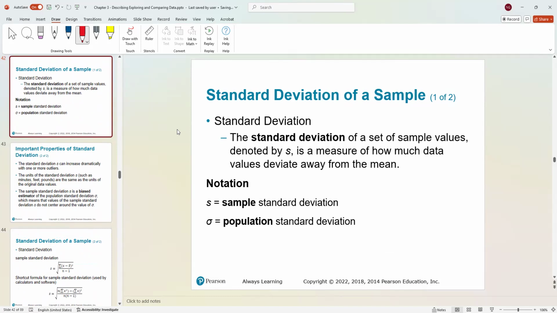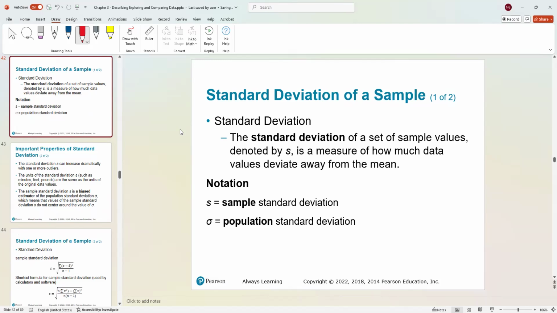To overcome this problem, we take the square root of the variance to get the standard deviation. So the population standard deviation of a population data set of N entries is the square root of the population variance.